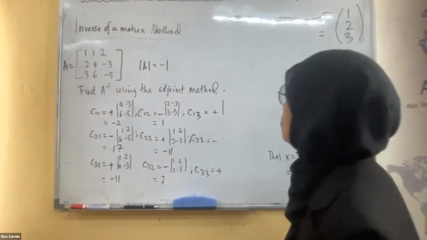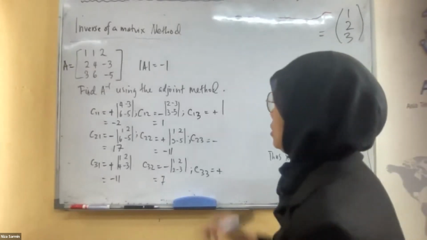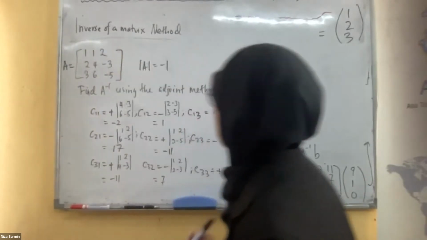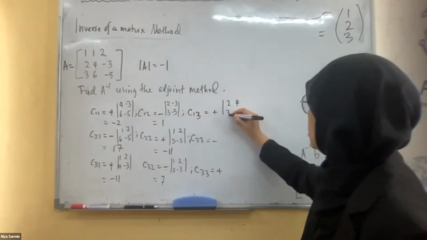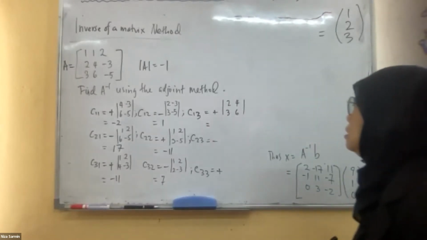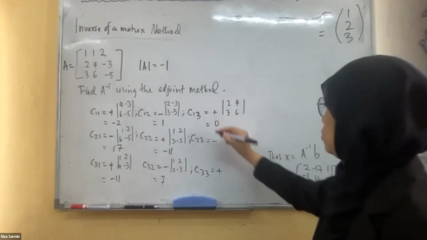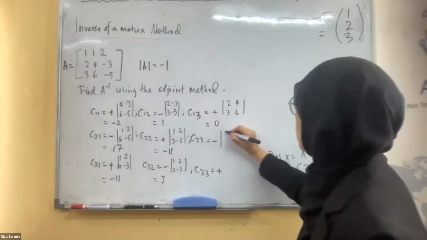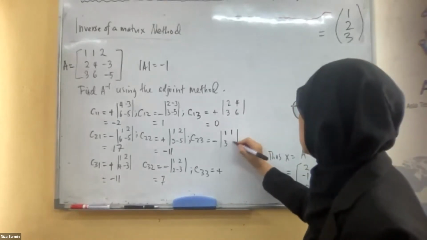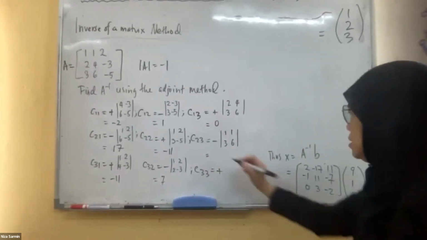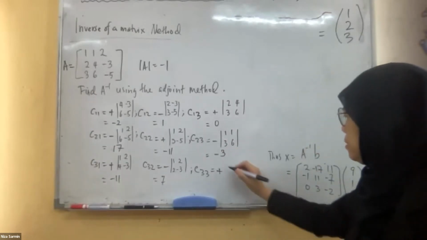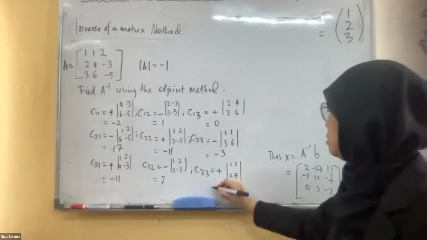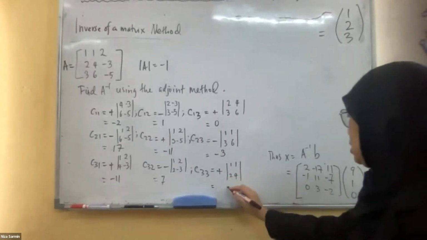Okay, this one, 1, 3. 1, 3, cancel 1, 3. Okay, so 2, 4, 3, 6. 12 minus 12 is 0. Okay, 2, 3. 1, 1, 3, 6. 6 minus 3 is negative. Okay, last one. 4 minus 2 is 2.